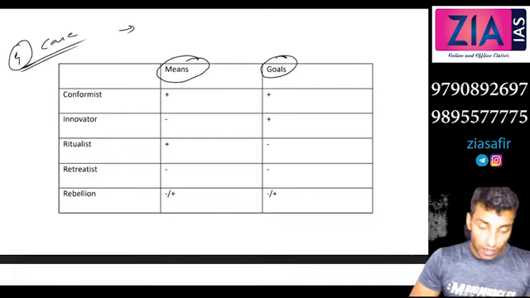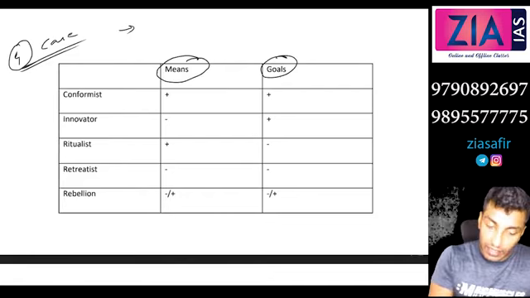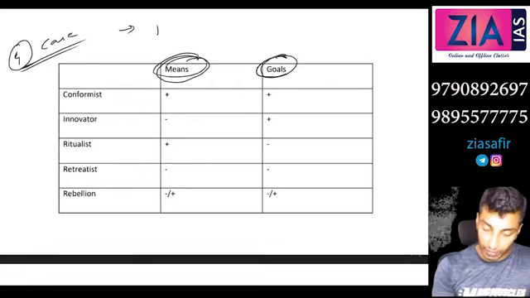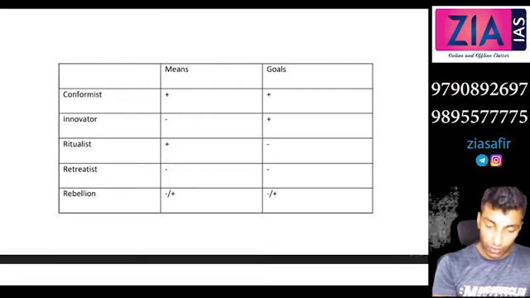Yes, sir, fine now. Okay, so what I'm saying is anomie means if there is a discrepancy between means and goals. Okay, let me show you the definition.